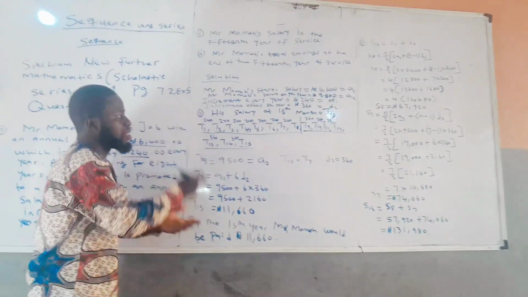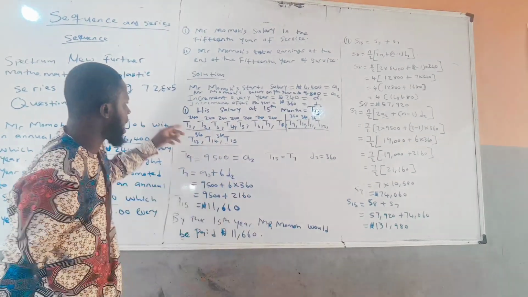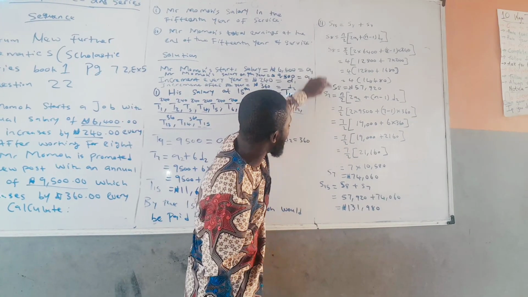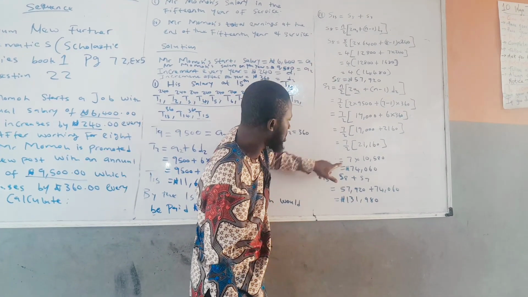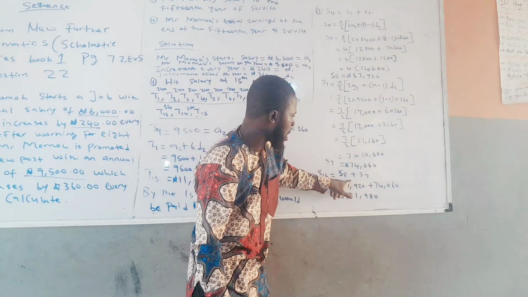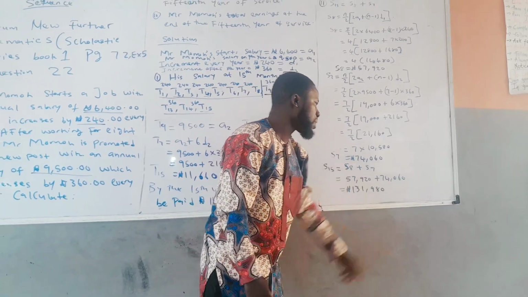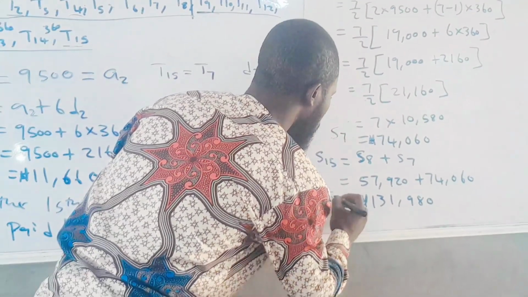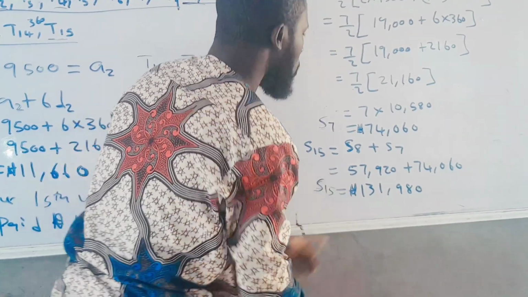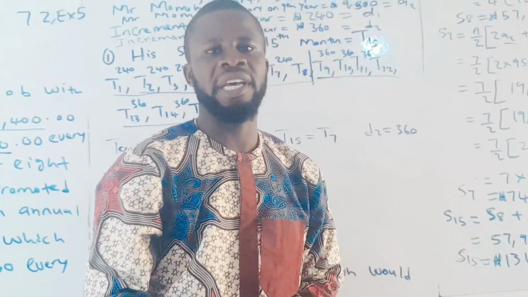So we now add this one plus this. That will give you S8 plus S7, which is 57,920 plus 74,060. And that will give you S15, the sum after the 15th year, which is 131,980. That will be the answer for the question.